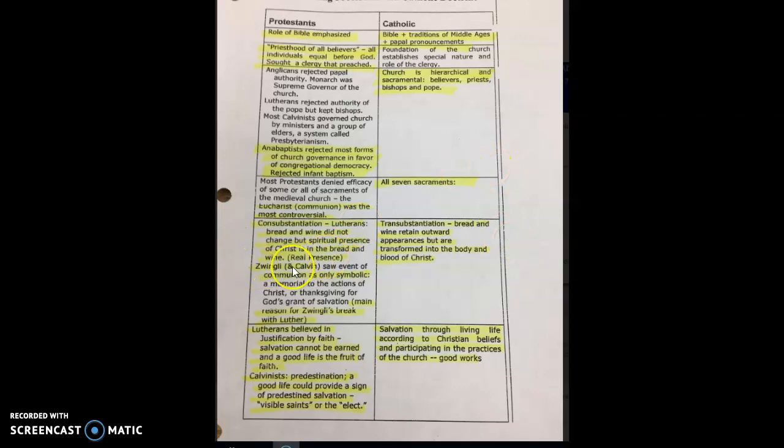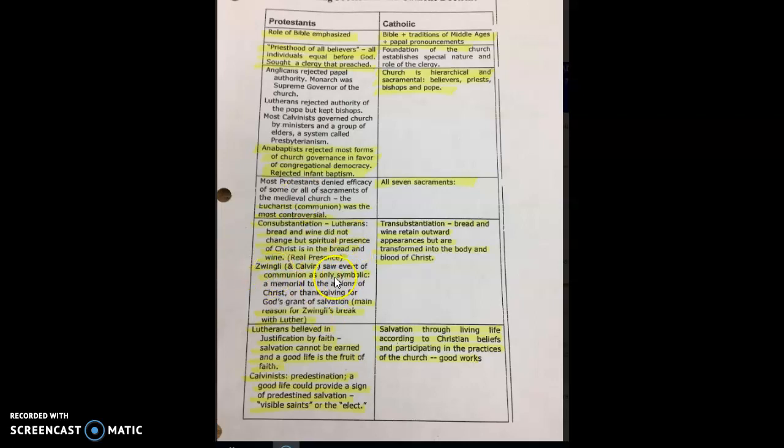Remember, Zwingli and Calvin saw this event, being the Lord's Supper of communion, as symbolic. Okay, so they tend to agree more with Luther. Remember this, or excuse me, no, they don't agree. That's the difference.